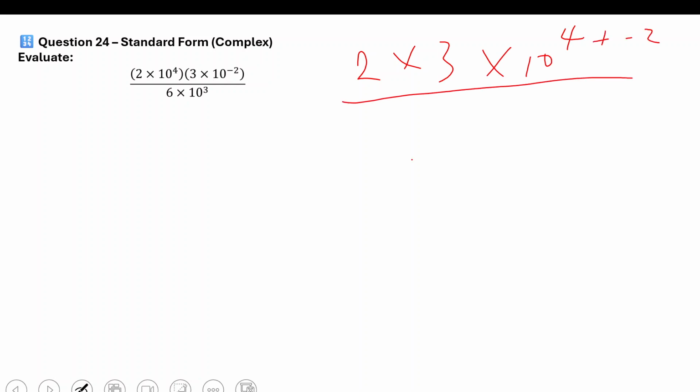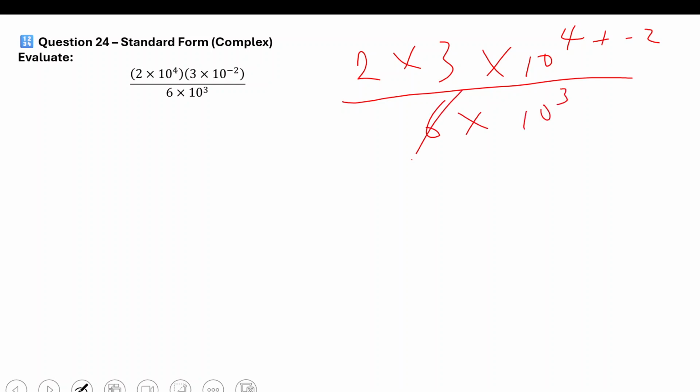Right, standard form. So I have this standard form here. Again, I can multiply: 2 times 3 is 6. Then I take one of the 10 and add the powers, 4 plus minus 2. Then over 6 times 10 to the power 3.